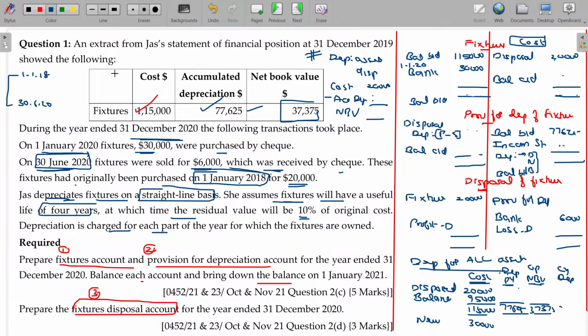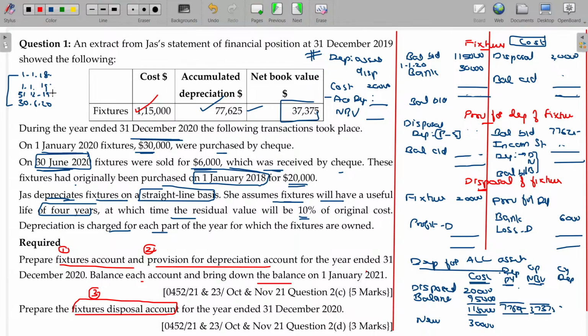How many years are over here from here to here? 19, 20, exactly mid of the year. 1.5 years used, 18, this is the first year, 19, thereafter end of 19, 31st December 19. Then here, how many years are there?